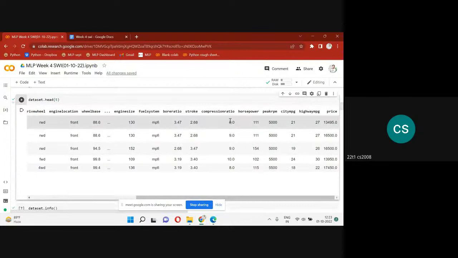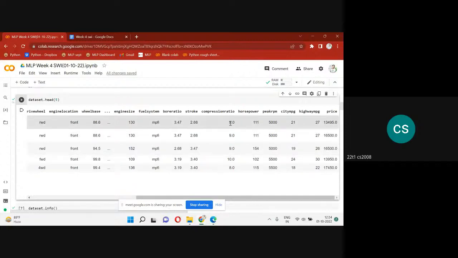Just assume, if you don't have any data knowledge, that this one is, say, income. So this value 9 means it is highly affecting your car price. If it is 9, the price is 13,495, and if it is 10, the price is 13,950.